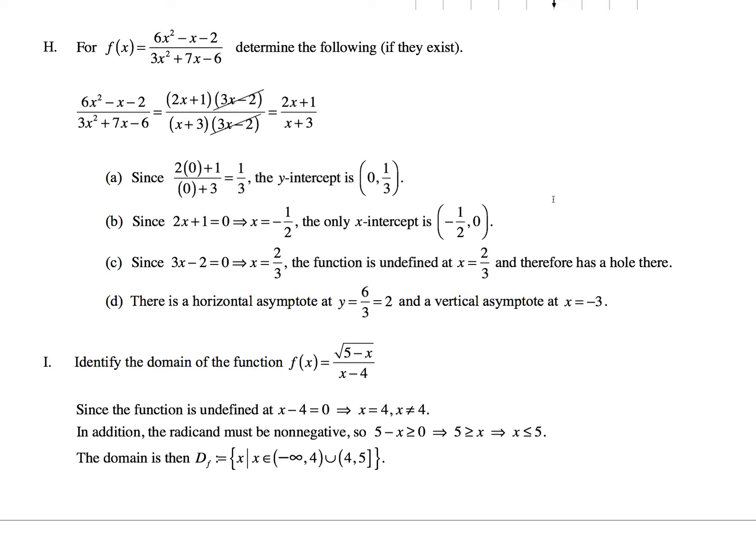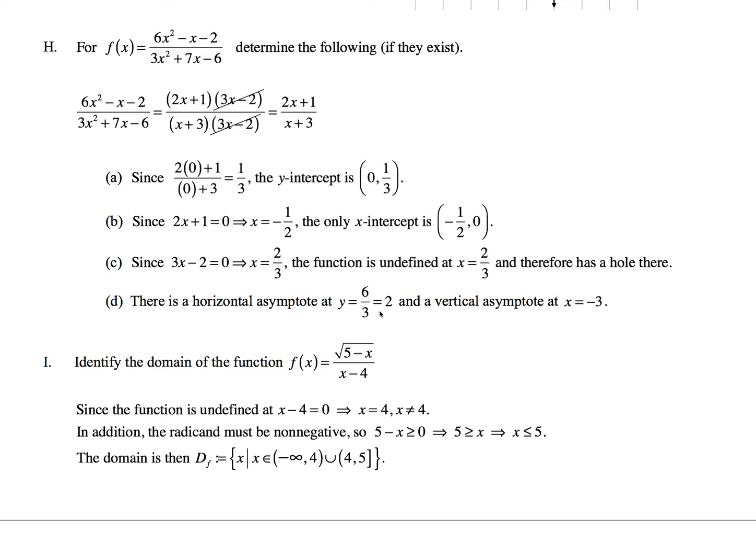If you were graphing this, at that point you would draw an open circle. Now, as far as the asymptotes go, the horizontal asymptote is going to be the ratio of the leading coefficients of either version in this case.